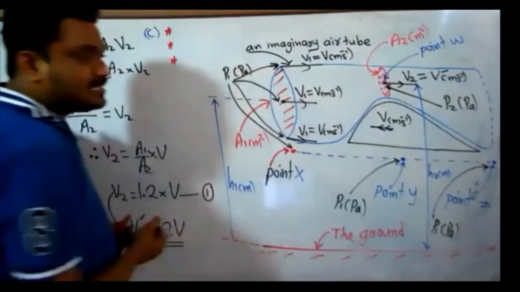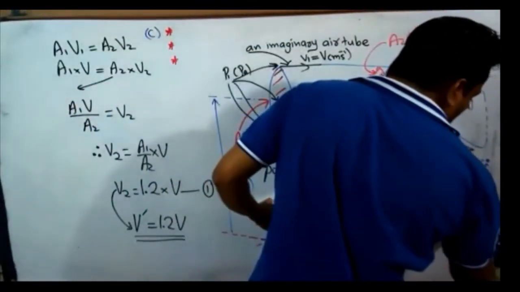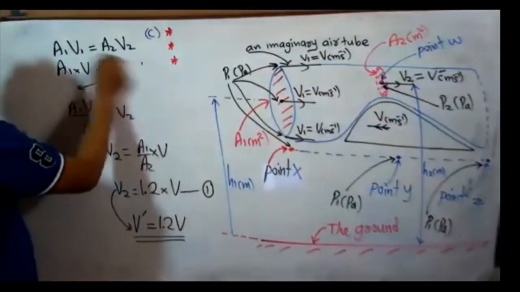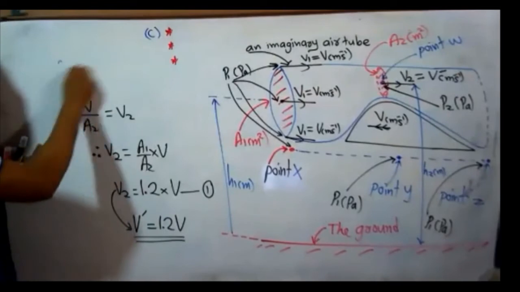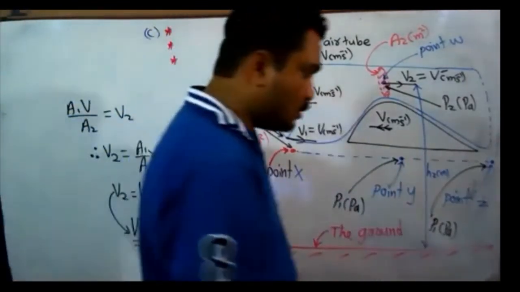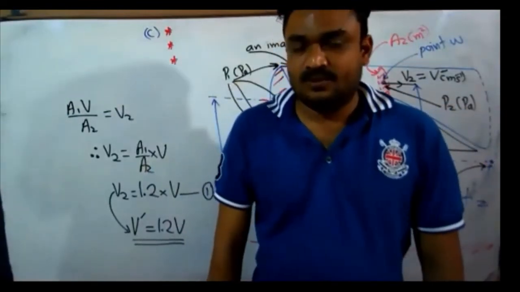The air particles at x, y, z are at the same horizontal level in the atmosphere.